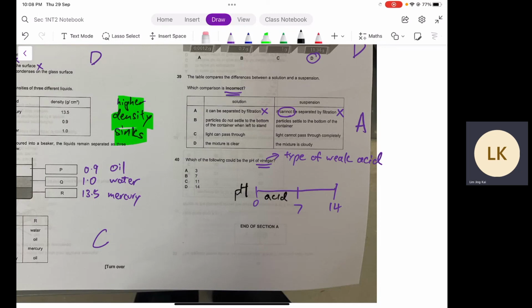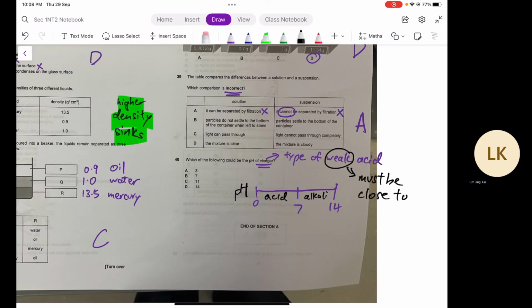Okay, anything that is above 7 to 14, this is our alkaline. Okay, and when we use the word weak, that means it must be close to neutral. Okay, if we can, it's like 6 or 8. Okay, they are actually close.